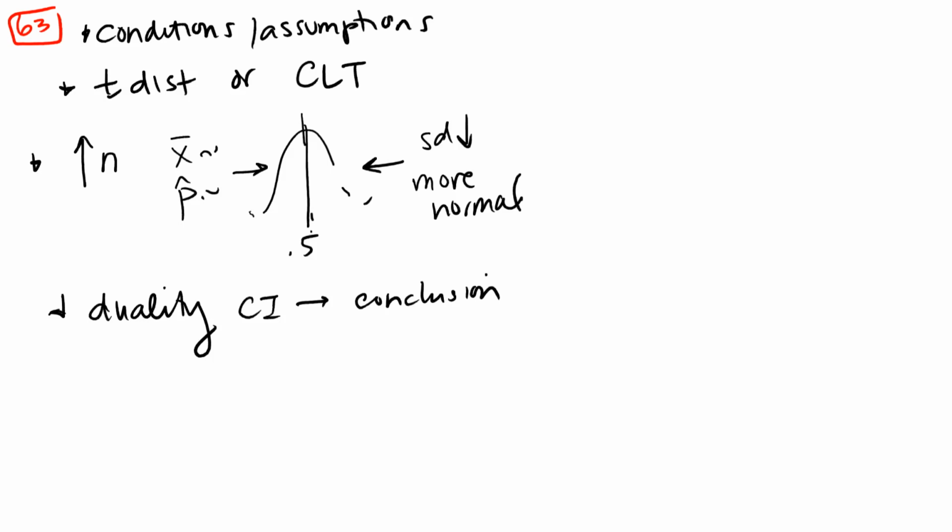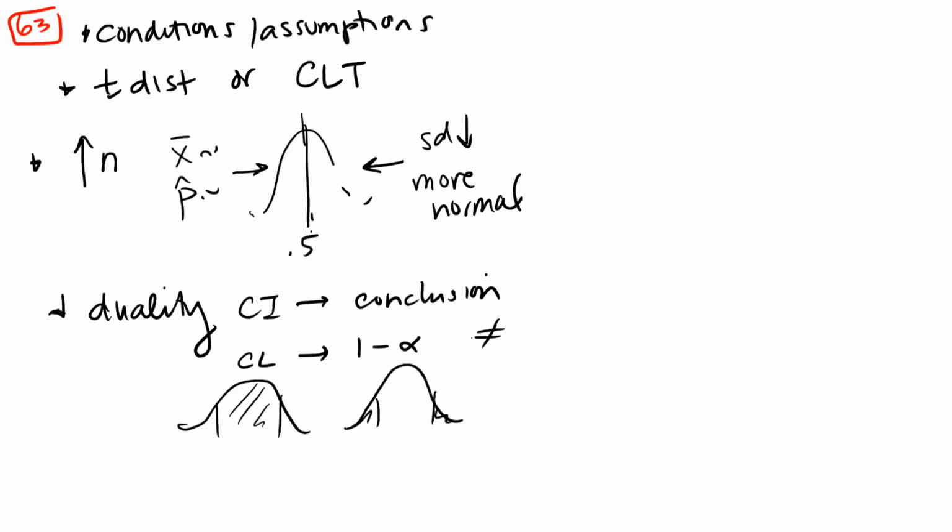There's also that added piece of our confidence level is the complement to our significance level for a two-tailed test only, because, right, our confidence level is that middle percent. And when we're talking about a two-tailed test, we're looking at area to either side. So these two things are complements of each other, and definitely something I put on the test as well. So that's most of the big stuff.